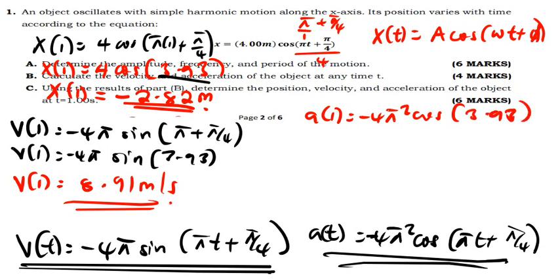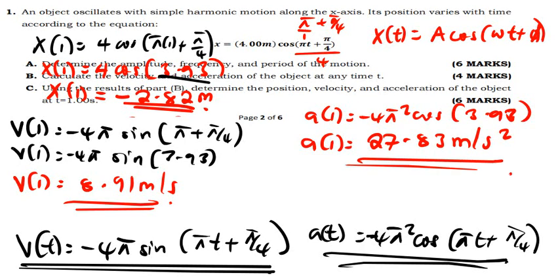So acceleration as a function of 1 equals negative 4 pi squared cos 3.93. I'm getting 27.83 meters per second squared. That is the acceleration.